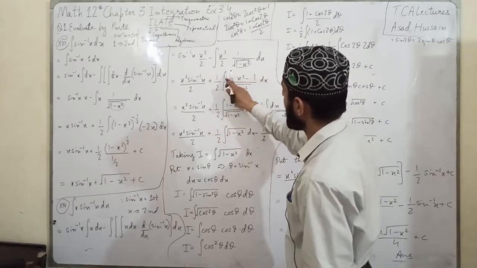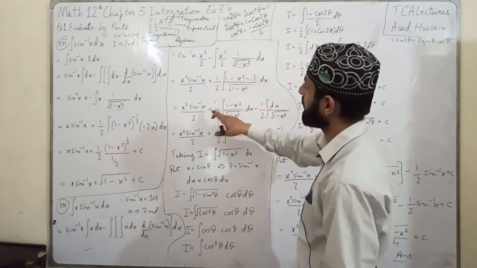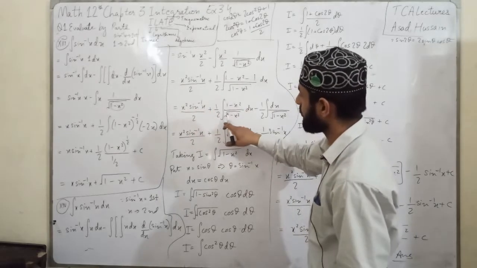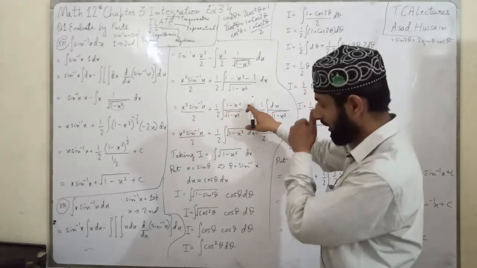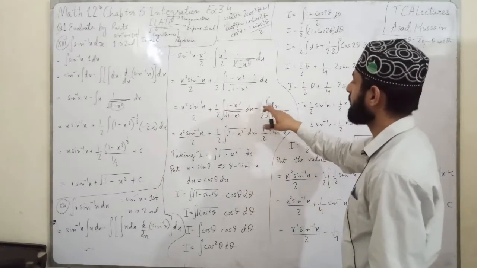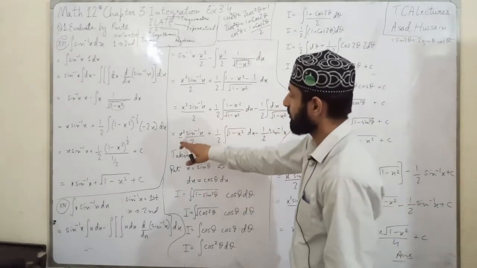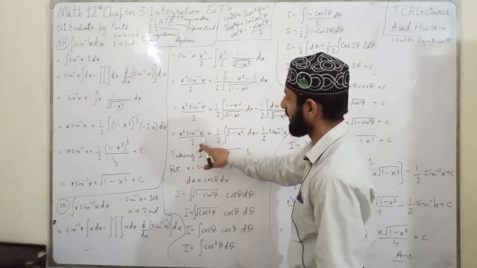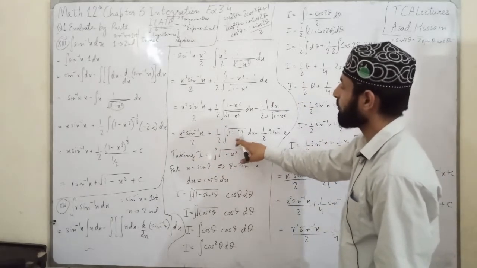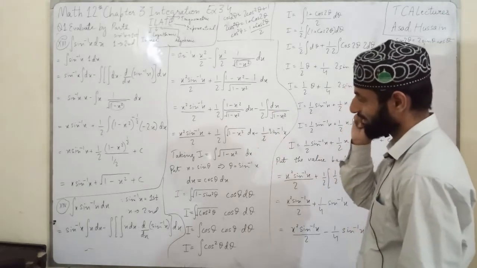So adding and subtracting 1 we get 1 minus x square minus 1, which can be written as x square sine inverse x over 2 plus 1 over 2 integral 1 minus x square, the same in the denominator, dx minus 1 over 2 integral dx over under root 1 minus x square, which can be simplified as x square sine inverse x over 2 plus 1 over 2 integral under root 1 minus x square dx minus 1 over 2 sine inverse x.